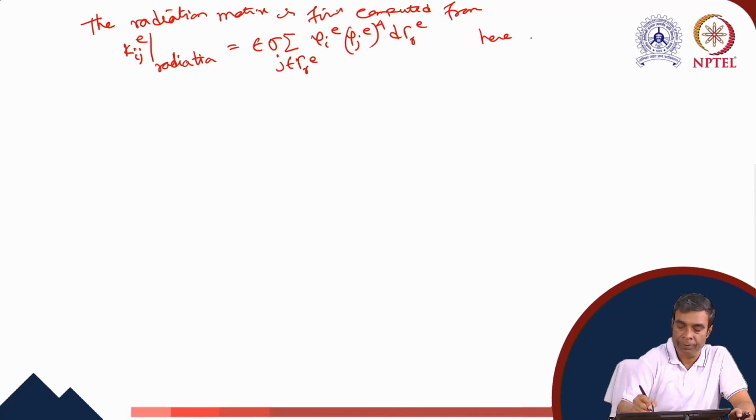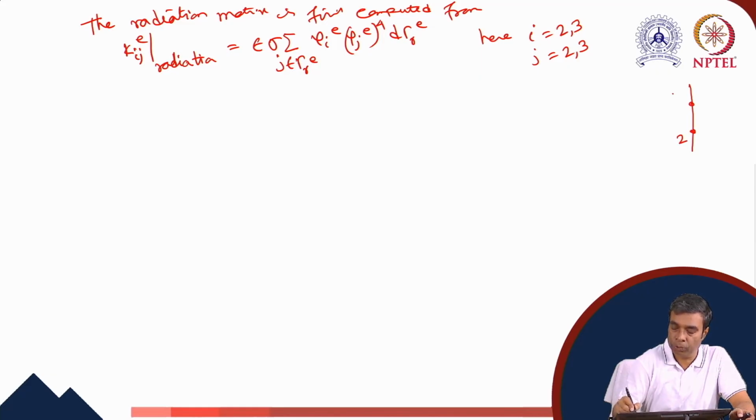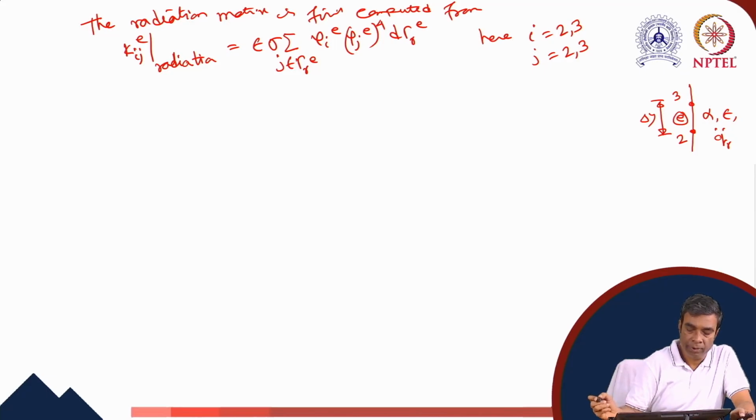Here I is varying from 2 to 3 and j is also varying from 2 to 3 because the local nodes 2 and 3 are exposed to the radiative boundary condition. So this is the mesh size delta y, and here we have alpha, epsilon and QR double dot. So here we shall get a 2 by 2 matrix equation system for the radiation contribution.